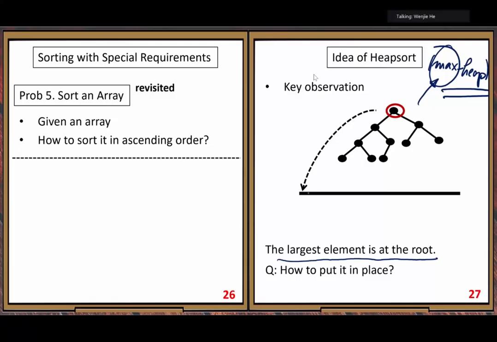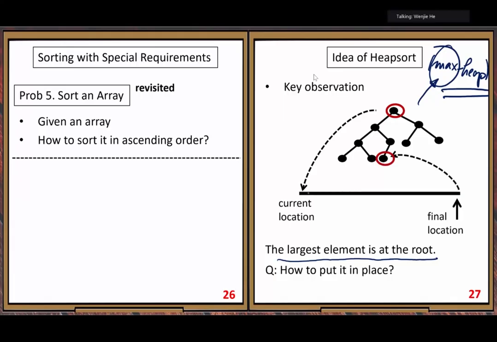But in our final destination array, the maximum number should be at the end of the array. So we just do one swap operation. We will make it happen. With one swap operation, we will put the maximum element in place immediately.